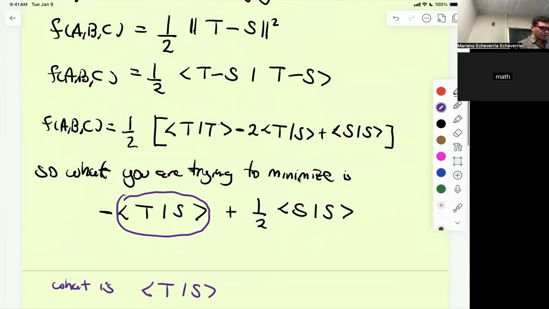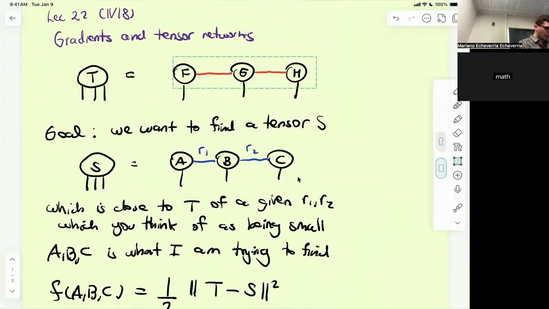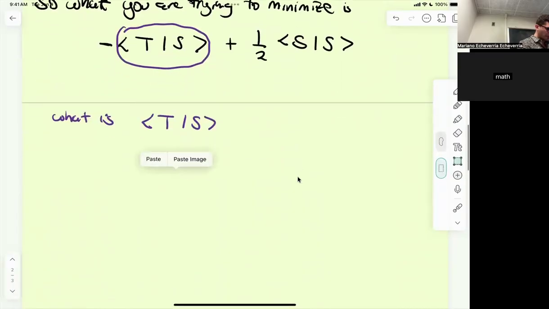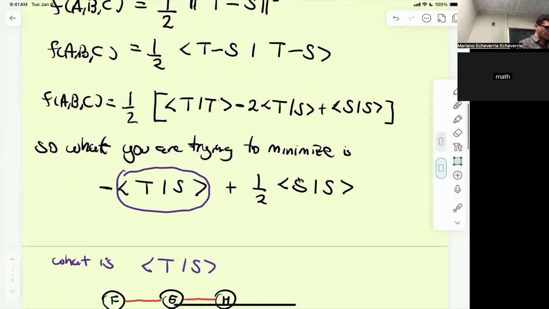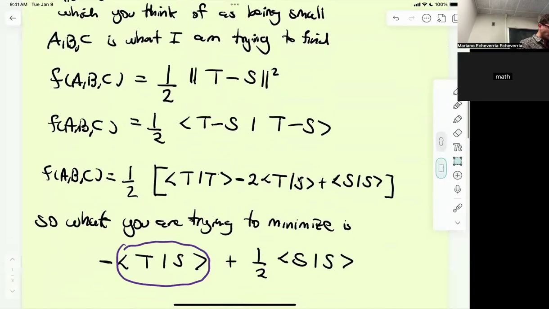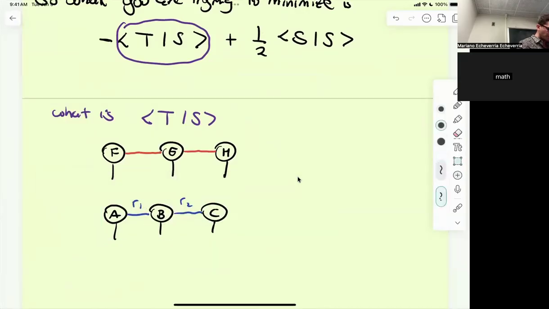So basically what you do is you stack them and join the legs.